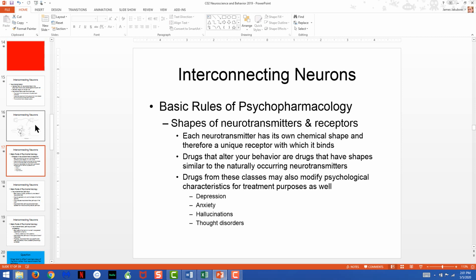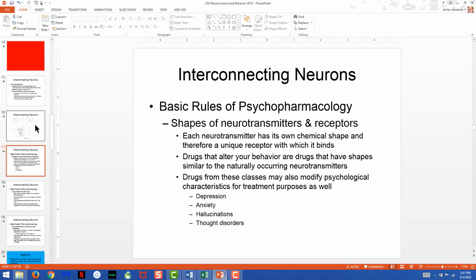So for you to be able to become depressed, you must have an area of your brain that controls depression. And that area has to be activated in a particular way. And actually, we know in terms of depression, you have to have reduced activity in that area of the brain.